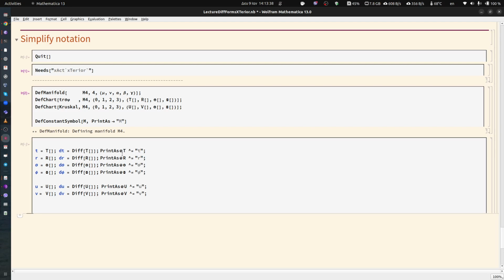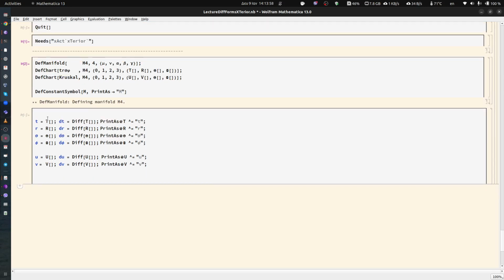If I don't do that, I will see the original names of the coordinate functions. So you see here a non-trivial use of PrintAs as compared to what we have done before, where we change the name of the symbol to something else that we find more convenient. So we do that for all names, t r theta phi, u and v.